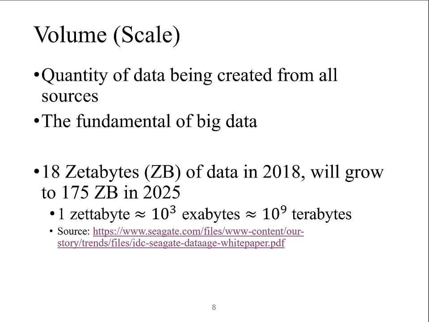Here we have to introduce this new concept named zettabytes, so that we can describe that large volume of data. So 1 zettabyte is 1024 exabytes, which is approximately 10 to the power of 9 terabytes and 10 to the power of 12 gigabytes.